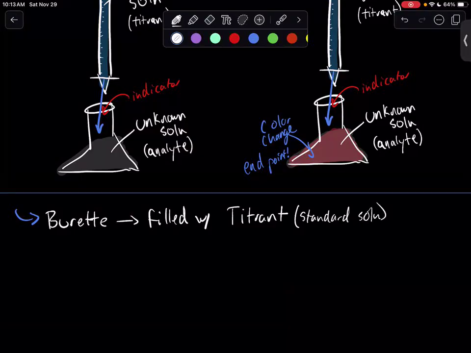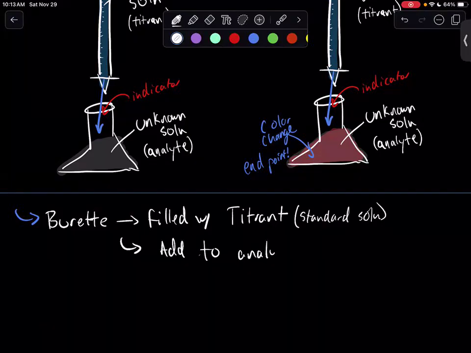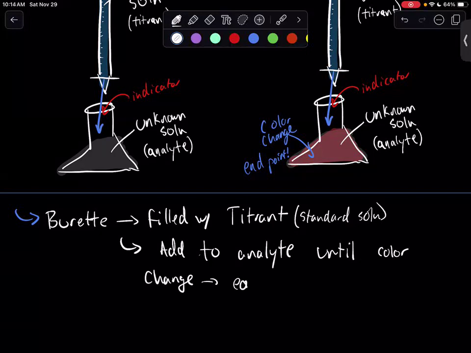We always put our titrant in our standard solution so we can measure out exactly how much we put in. And we put it into our analyte, adding to the analyte until color change. This color change represents what we call the equivalence point.